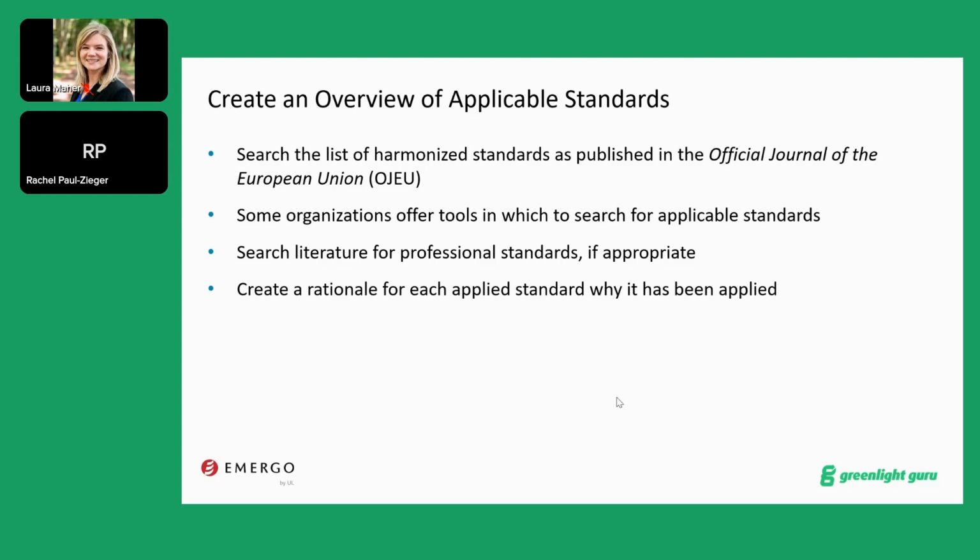Some organizations can also offer tools to search for applicable standards. You can also search for professional standards in the literature. And you should be able to determine what standard is applicable for your product. And if not, provide a rationale and create a list of applicable standards.